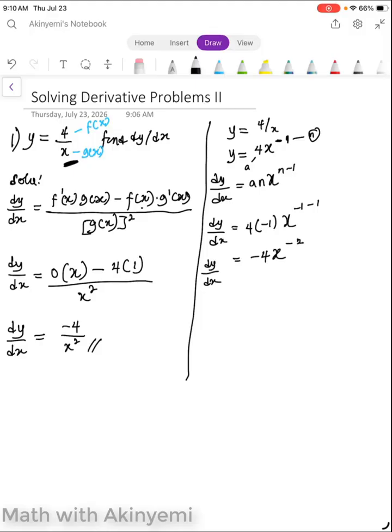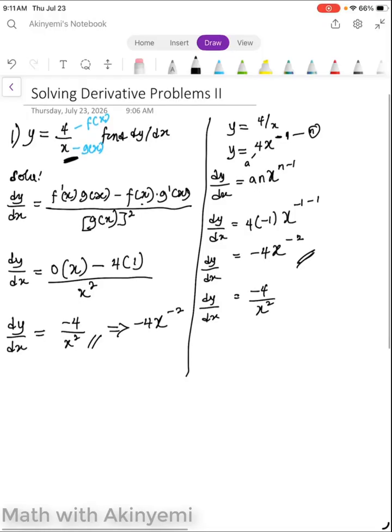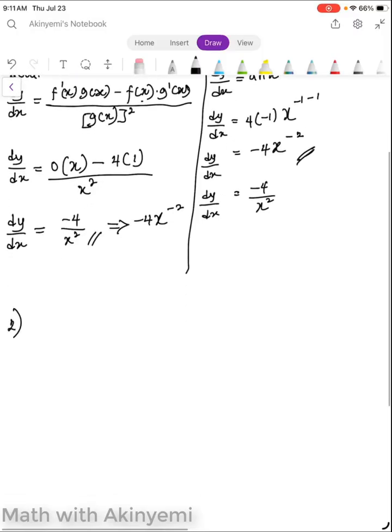So you can see it's the same thing, which we can also write as minus 4 all over x squared. And that's it.